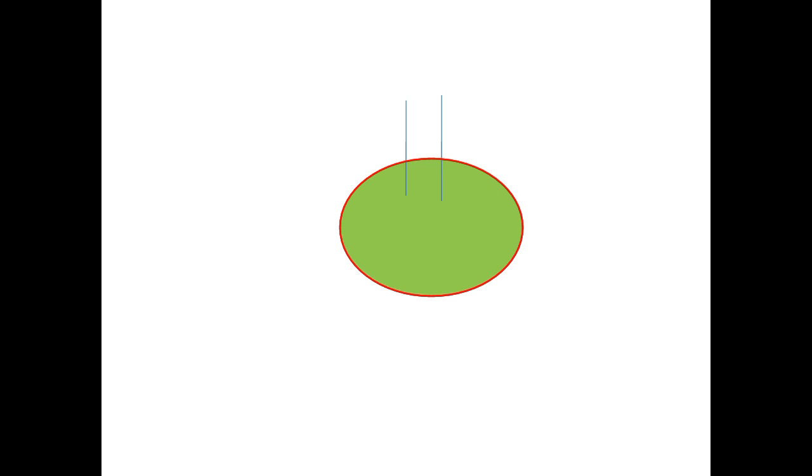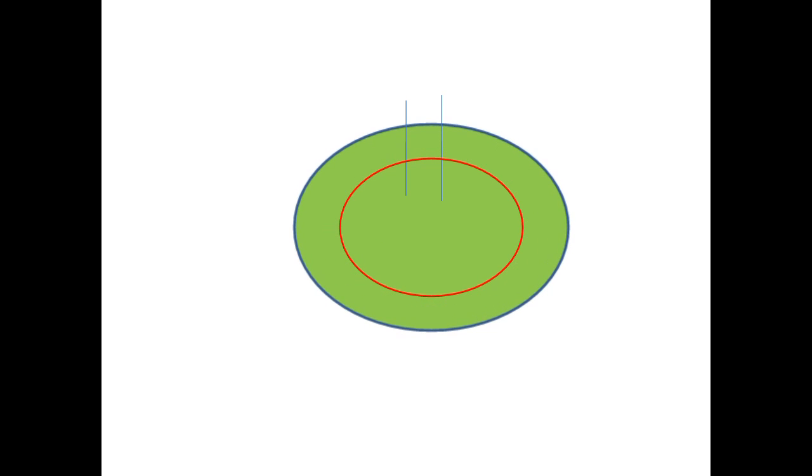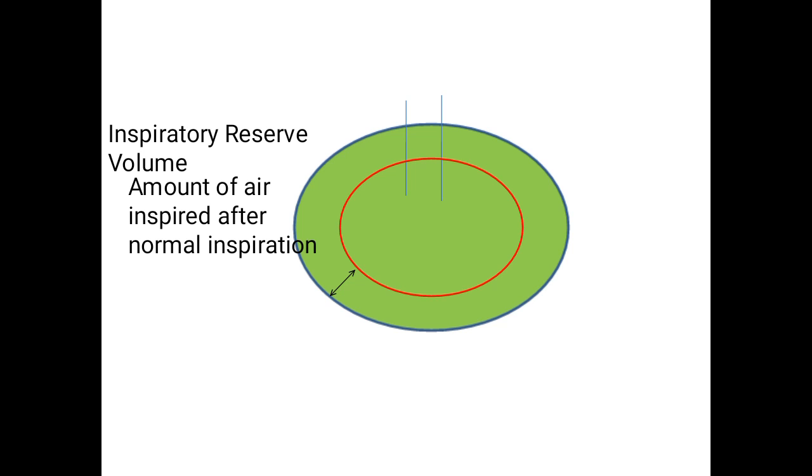Now ask the subject to inspire maximally, and take air inside. Now this amount of air which we have inspired maximally after normal inspiration is called as inspiratory reserve volume. That means amount of air inspired after normal inspiration.